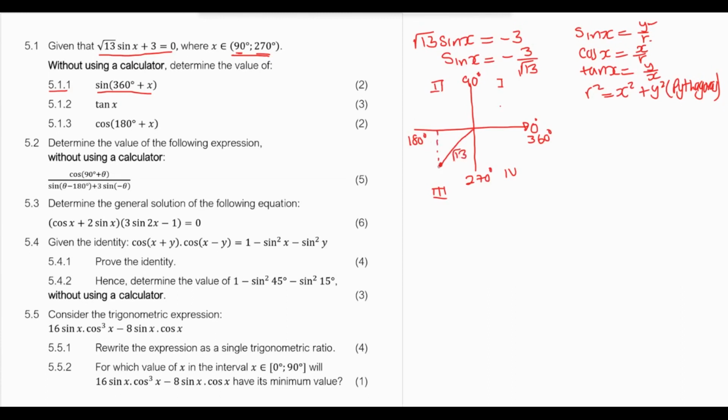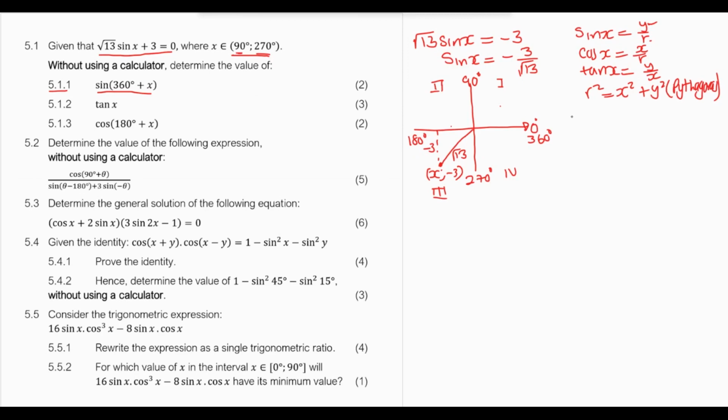And then we have our y, which is -3. So we don't know the x, but we know that y is -3. We need to find x. So we can even write y here and write -3 there. We're going to look for x. So x, we have to use r squared is equal to x squared plus y squared.